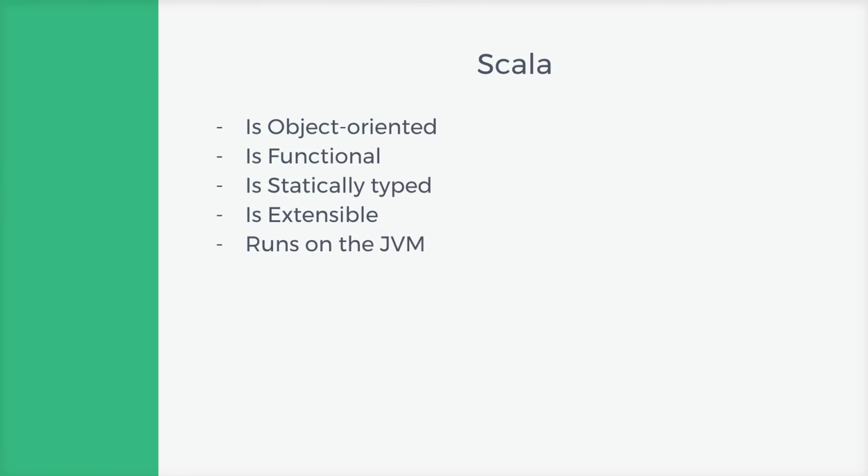Scala is a multi-paradigm language because it's object-oriented and also a functional language. We have object-oriented based on Java because Scala runs on the Java virtual machine.